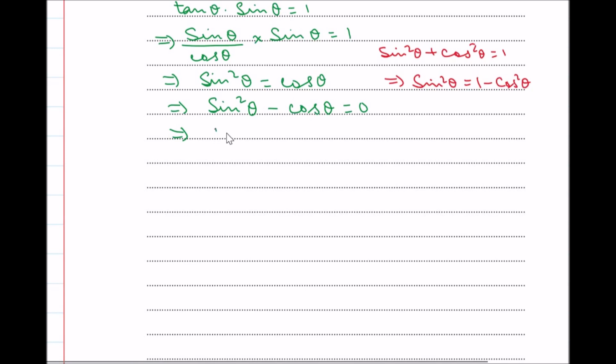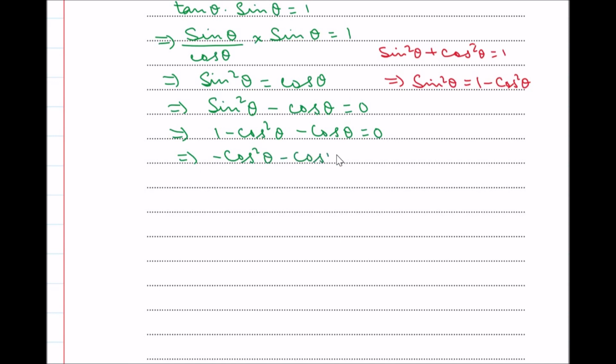Let me substitute 1 minus cos square theta here, then minus cos theta equal to 0. Let's arrange them. We got minus cos square theta minus cos theta plus 1 equal to 0.